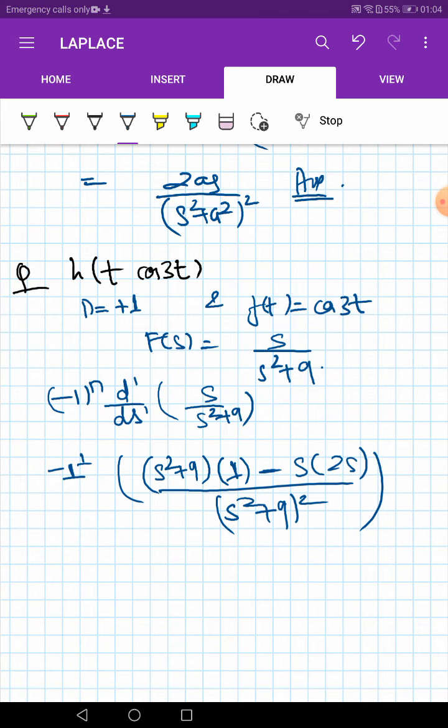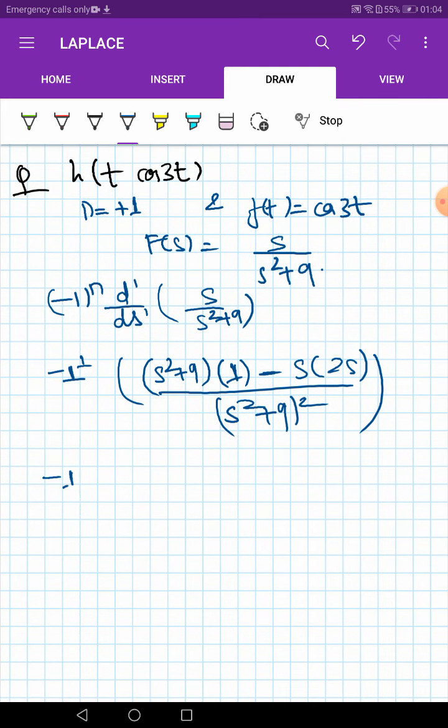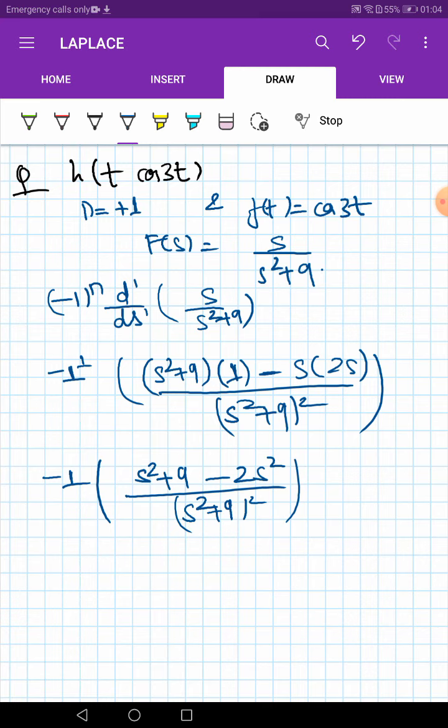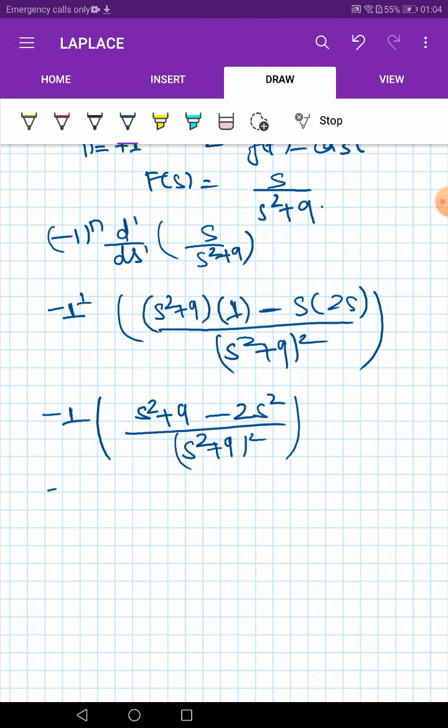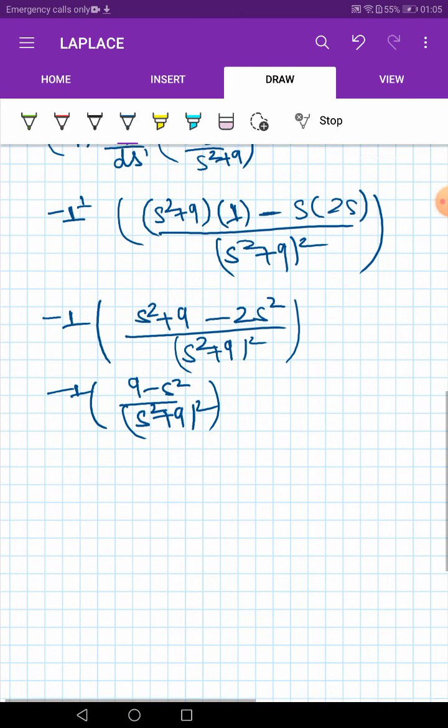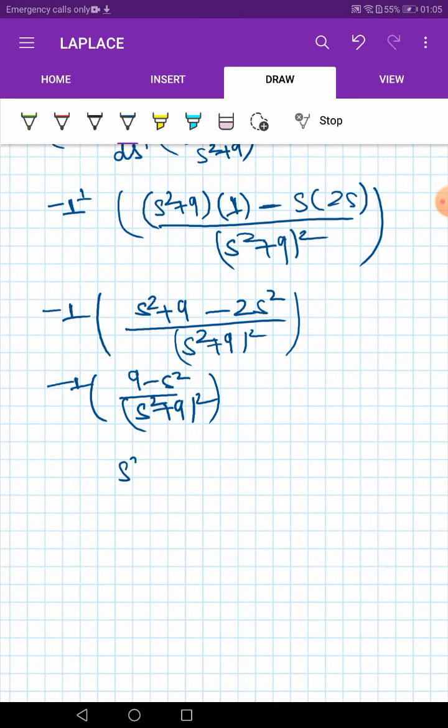So minus 1 times s square plus 9 minus 2 s square, divided by s square plus 9 whole square. We get minus 1 times 9 minus s square divided by s square plus 9 whole square. Now if we multiply with minus 1, we get s square minus 9 divided by s square plus 9 whole square. This is our answer.